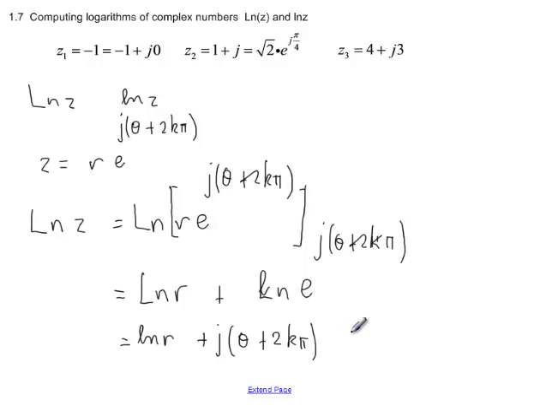If I count from 0, I will have the first number, ln r plus j theta. Then if I give k 1, I'll have ln r plus j 2 pi. But in this case, k is an integer. It could be plus or minus altogether.